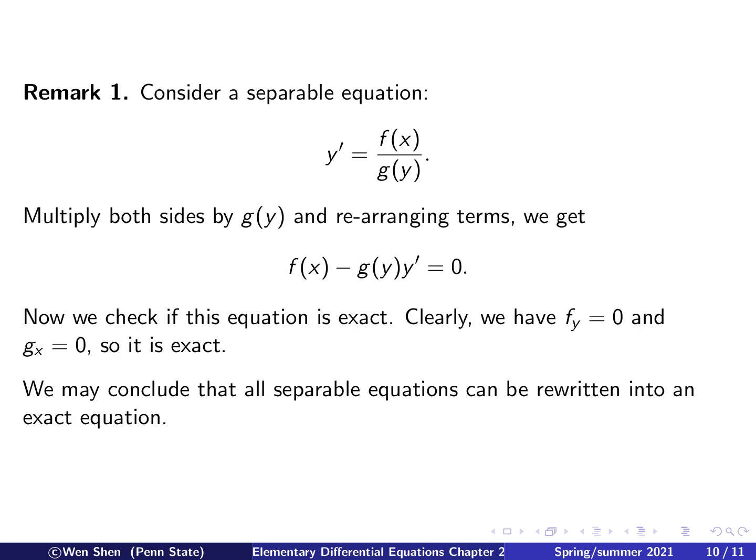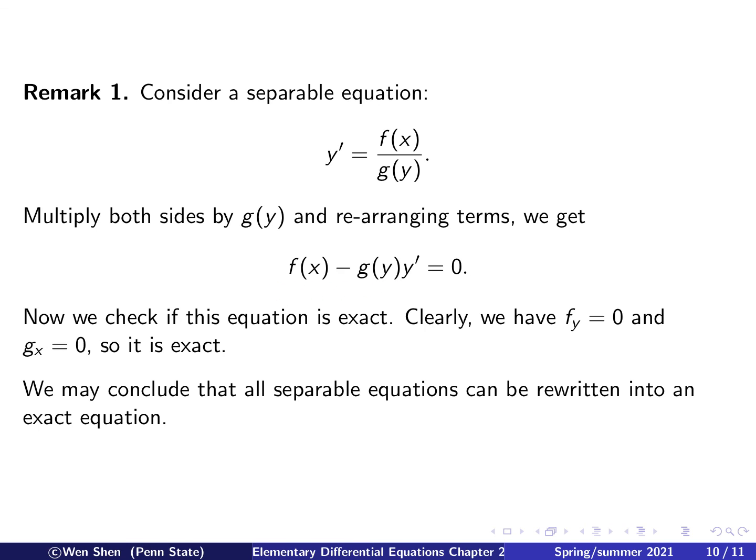Okay, let's put some remarks. Let's consider a separable equation, y prime equal f prime of x times g of y. Then we can multiply both sides by g of y and rearrange terms. So g of y goes over here, and then we can put this to the right-hand side with a negative sign, and we set that to be 0. So we get this equation.